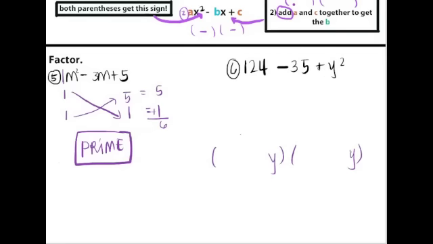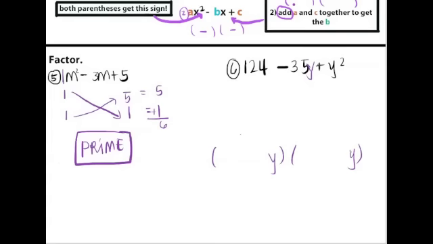So this should be 35y, not 124 minus 35. So if the y squared's in the back, then the final answer is going to have a y in the back, and this front number will be just a number. But we treat it the same way.